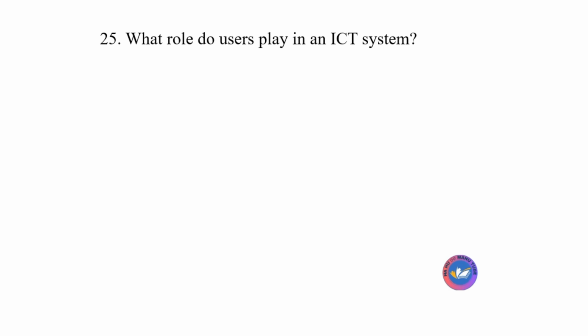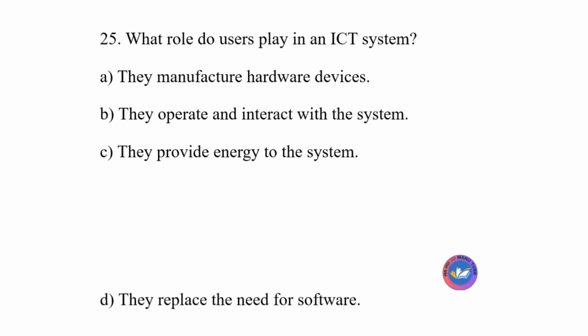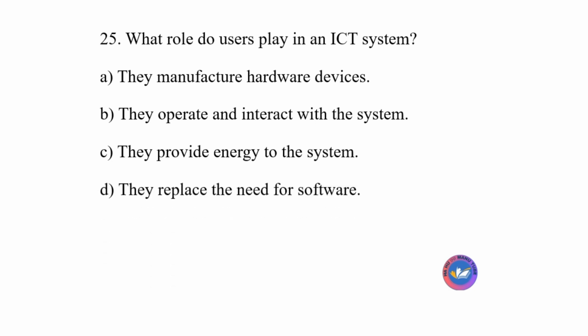Question number 25. What role do users play in an ICT system? A. They manufacture hardware devices. B. They operate and interact with the system. C. They provide energy to the system. D. They replace the need for software.